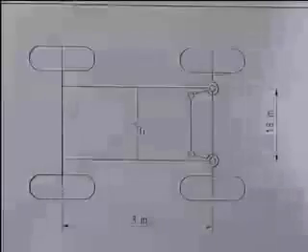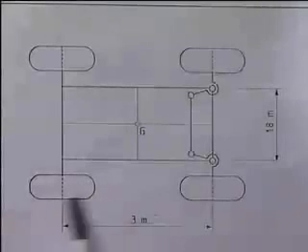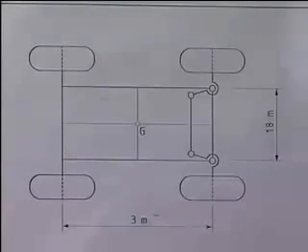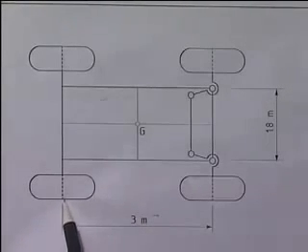Let us discuss the design of an Ackermann steering mechanism with reference to this particular example. In this car, the wheelbase, that is the distance from the rear axle to the front axle, is 3 meters.